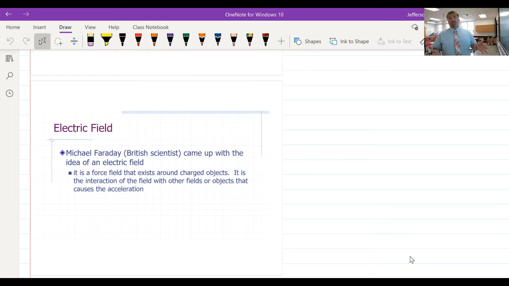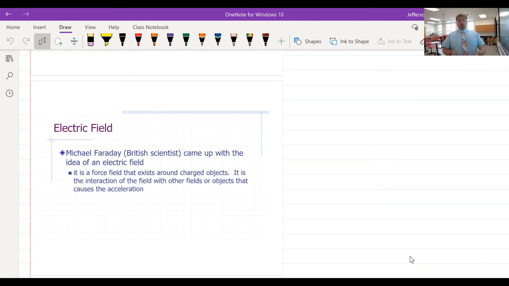In the end of chapter 17, we're going to be taking a look at the fact that electricity, much like gravity, is a field force. And we're going to make some comparisons between the two. Now, it was Michael Faraday, a British scientist, that came up with the idea of this electric field. Kind of like how we know that gravity is a field force because there is no contact required in order to exert that force.